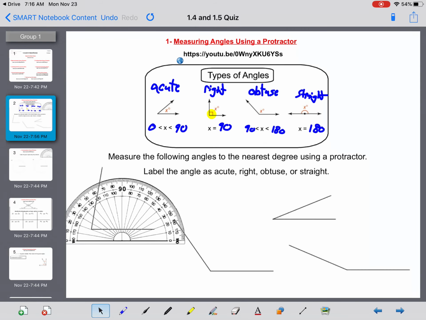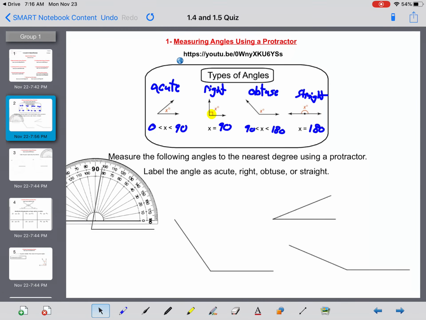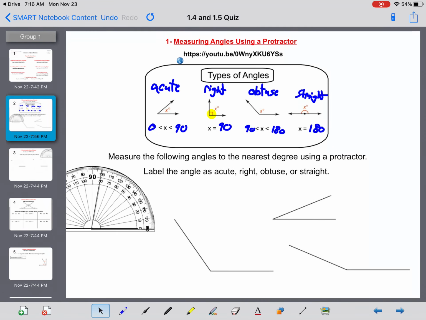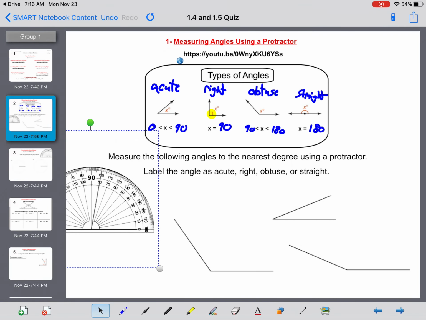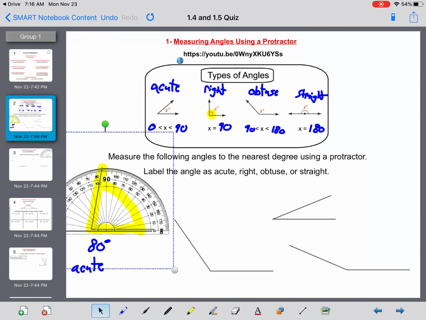All right, so in order to measure using your protractor, you need to put the center mark of the protractor on the vertex or the turning point. Okay. And if you follow your angle from 0 all the way through, this is at 80 degrees. An 80-degree angle is acute.